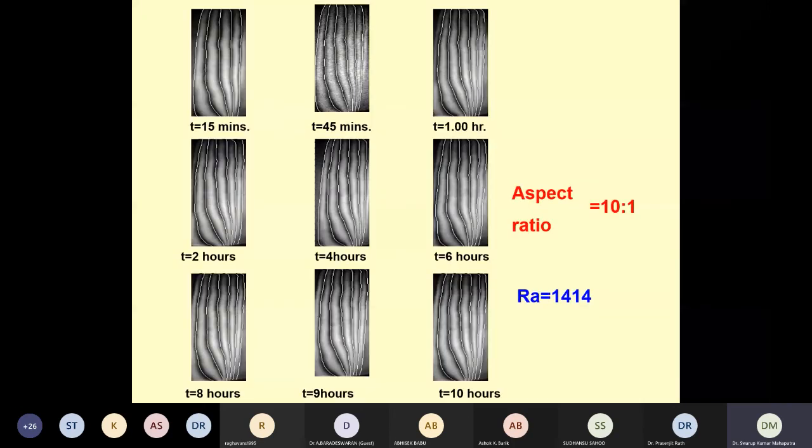This is an experimental result when Rayleigh number is of the order of 1414, which indicates that convection is very small and it is more or less conduction dominated, as a result of which the isotherms you are seeing are more or less vertical and parallel to each other. So this interferogram is an indication of a conduction phenomenon.